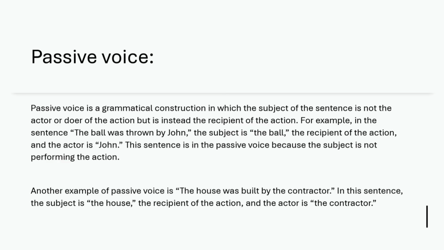Another example of passive voice, the house was built by the contractor. In this sentence, the subject is the house and the recipient of the action, or the actor, is the contractor. So in one sense, the house is the object and the contractor is a person, which can be a subject.